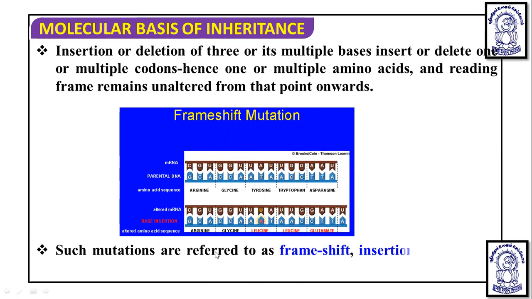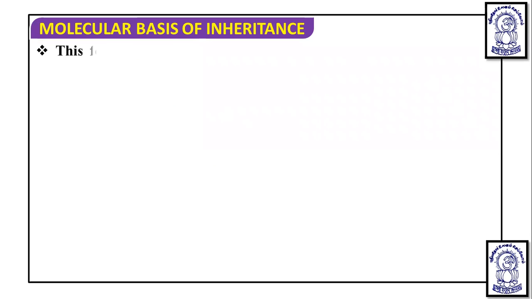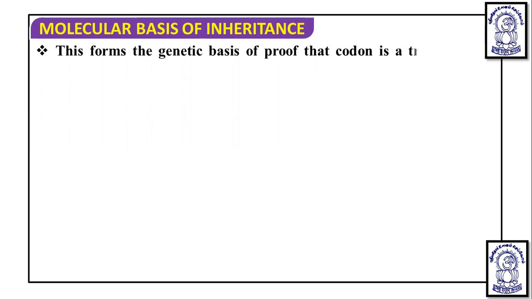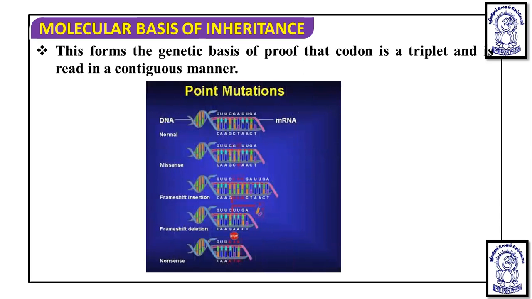If we add one or two nucleotides and it changes the frame after the insertion point, it is known as a frameshift mutation. We have already discussed these in the previous chapter, referred to as frameshift insertion or deletion mutations depending on the change. This forms the genetic proof that the codon is a triplet and is read in a contiguous manner.